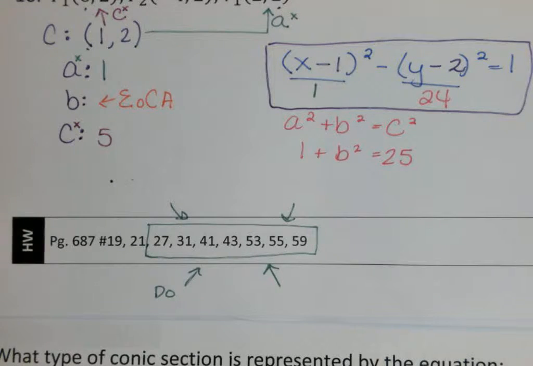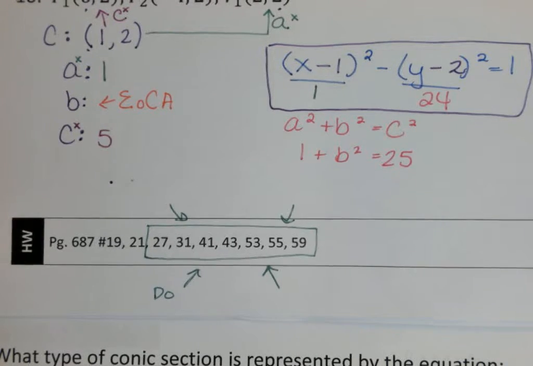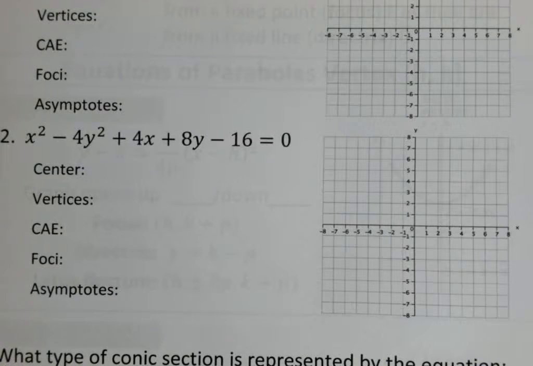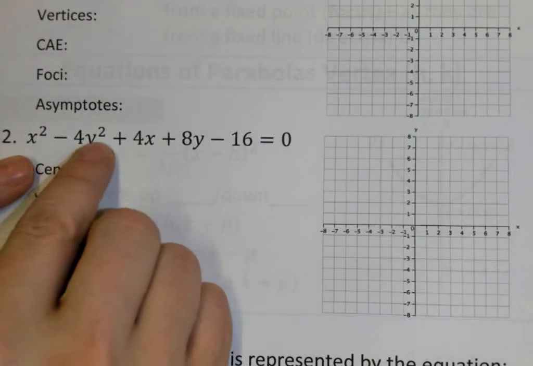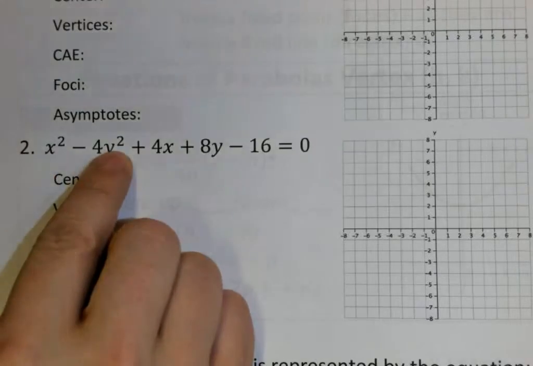Now, we're not going to get through all of the parabola notes today. That's perfectly fine. We're going to get a good start on it. So what I'd like you all to do right now is do number 1 and 2. I believe there is a typo on your number 2, so please put that square in there.